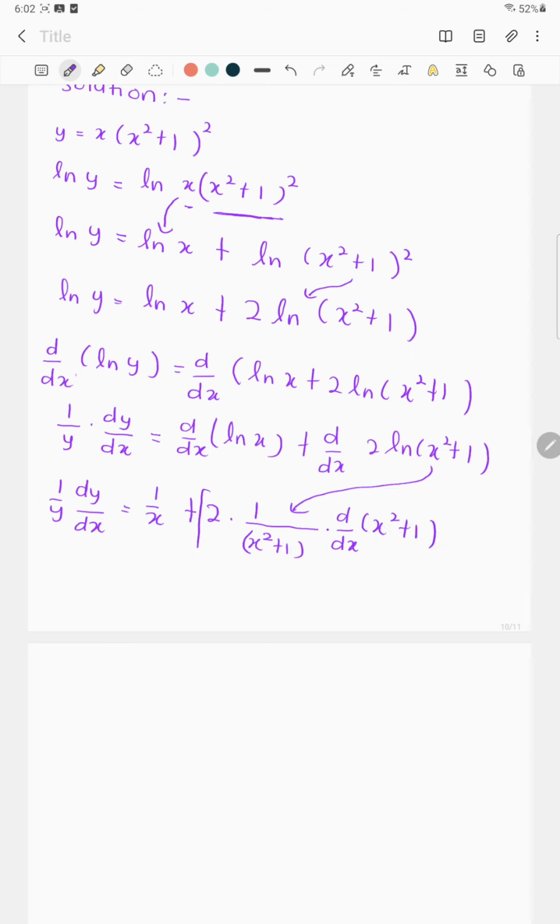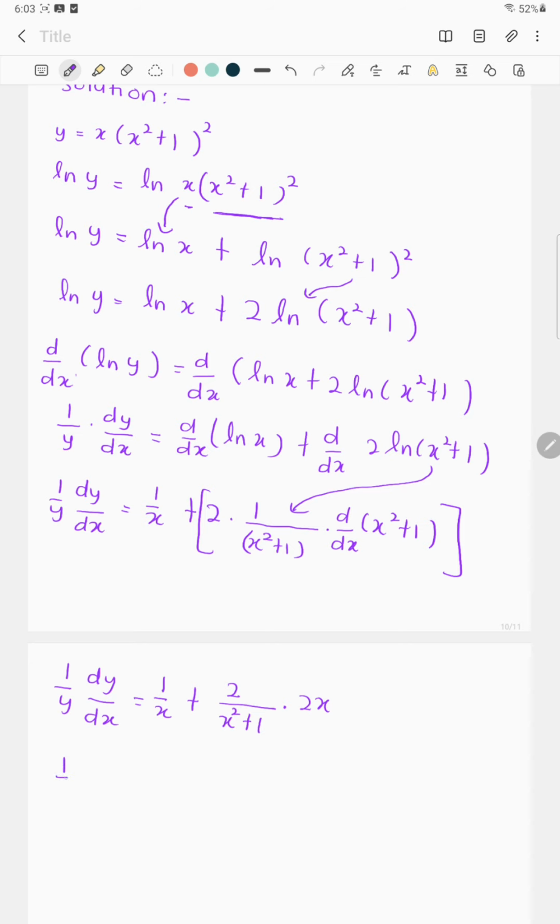So 1 over y dy over dx equals 1 over x, we write back, then the constant, and then make it the simplest expression. Don't forget we need to differentiate x squared plus 1, which gives 2x.